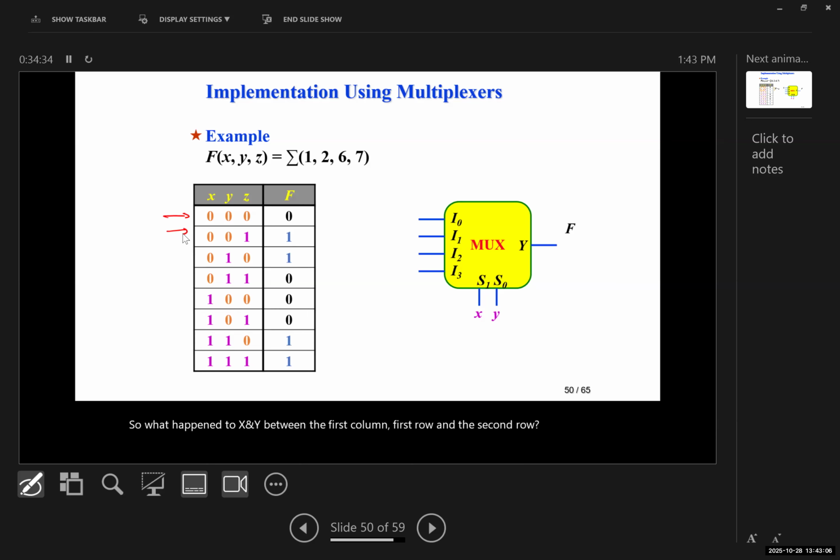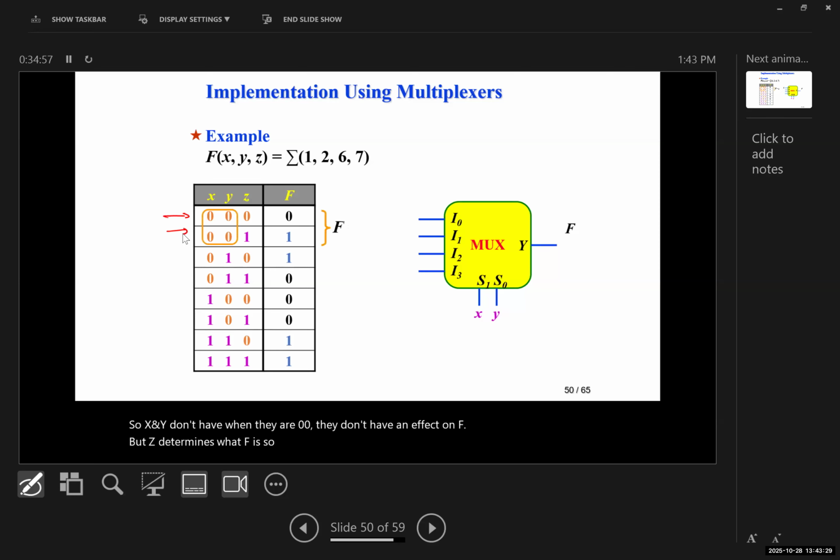They stayed the same, yes. And what happened to z? It flipped. And what is the relation between z and f? They are the same. So x and y, when they are 0, 0, don't have any effect on f, but z determines what f is.